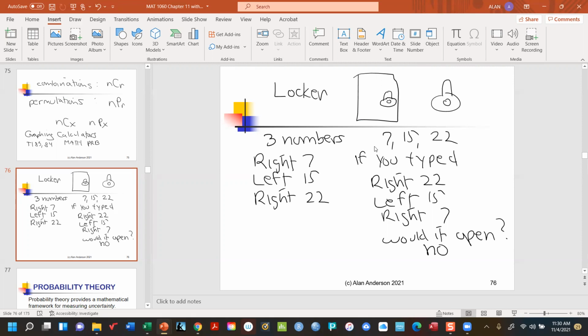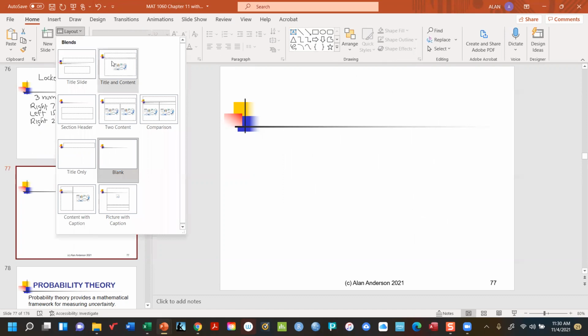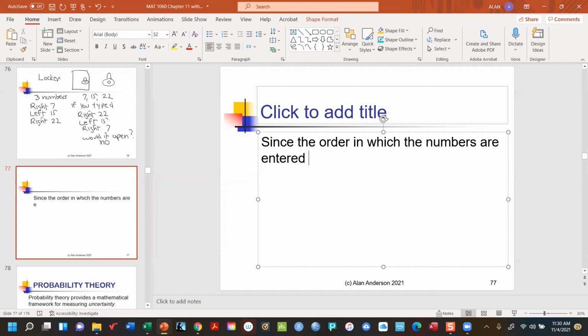Now, there's the thrust of the problem. Okay, watch. Now, be prepared to be disillusioned. Right now, you're going to say, oh my God, how could this have happened? Since the order in which the numbers are entered matters, each choice is a permutation.